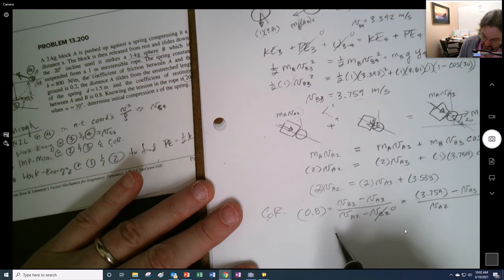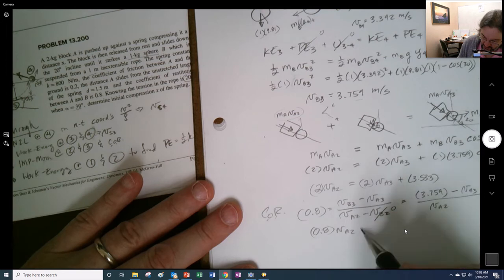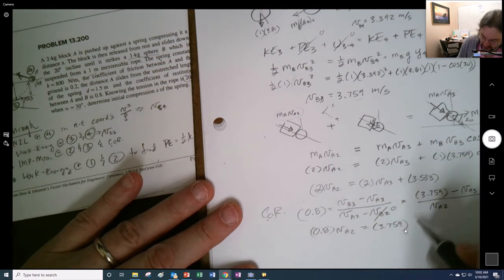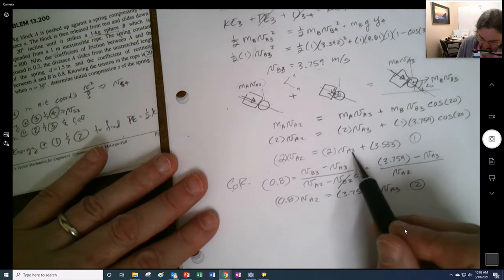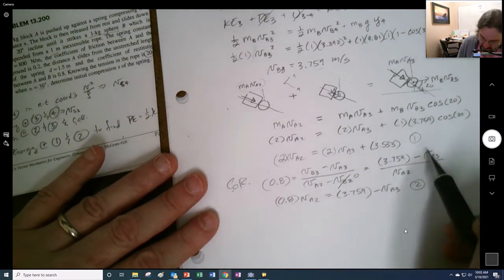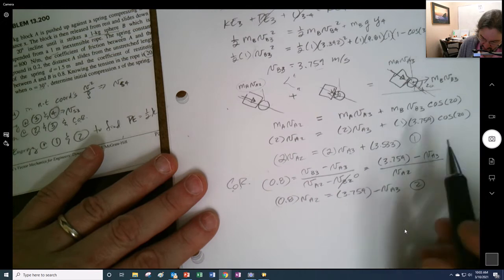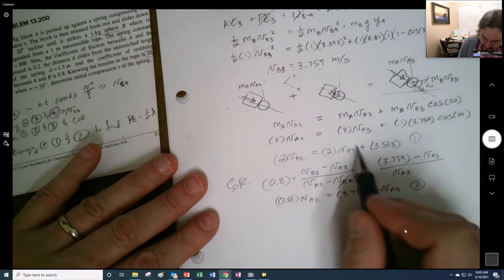So what we would like to solve this for here is 0.8 times VA2 is going to be equal to 3.759 minus VA3. So this is like equation 1 and equation 2 that we have. We want to get rid of VA3, so let's solve one of them for VA3. I think I'm going to solve this one right here.